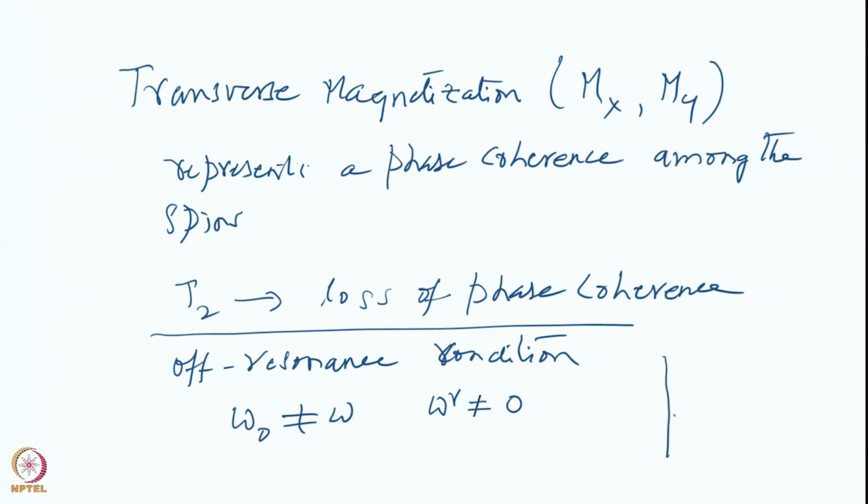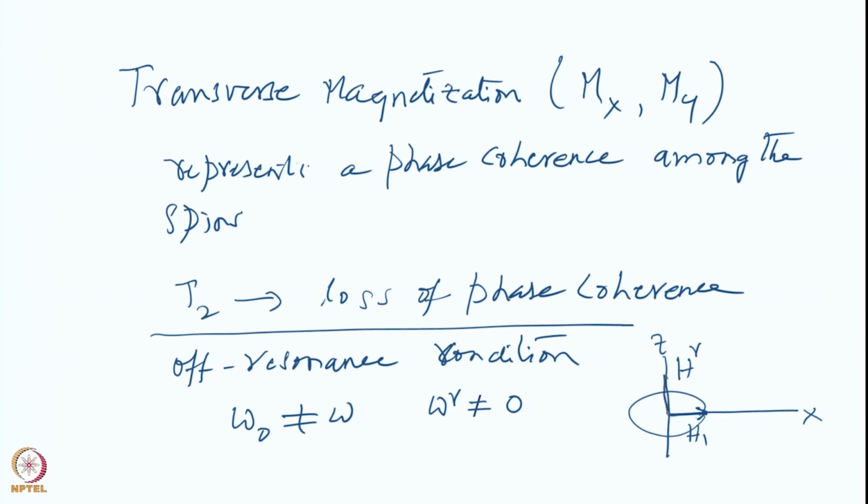Let us write here, this is the HR corresponding to the omega r, and this is my z axis, and let us say this is my x axis, and I have here the H1 which is going with the frequency omega. Of course, it is not stationary now, it is going with the frequency omega. So, this is precessing here, and HR is the field along the z axis in the rotating frame, because we are sitting on the RF and looking at it. Now what is the effective field? The effective field is a vector addition.